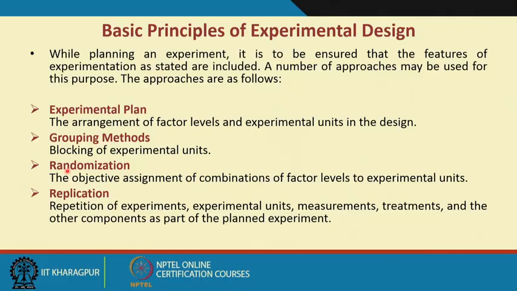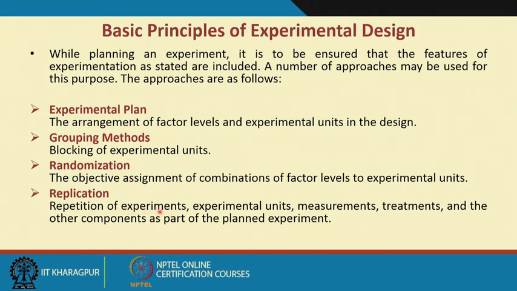This sort of in-depth understanding of the system or the design you will have by applying the replication principle. So, the 4 principles we have are: experimental plan, grouping methods, randomization, and replication.